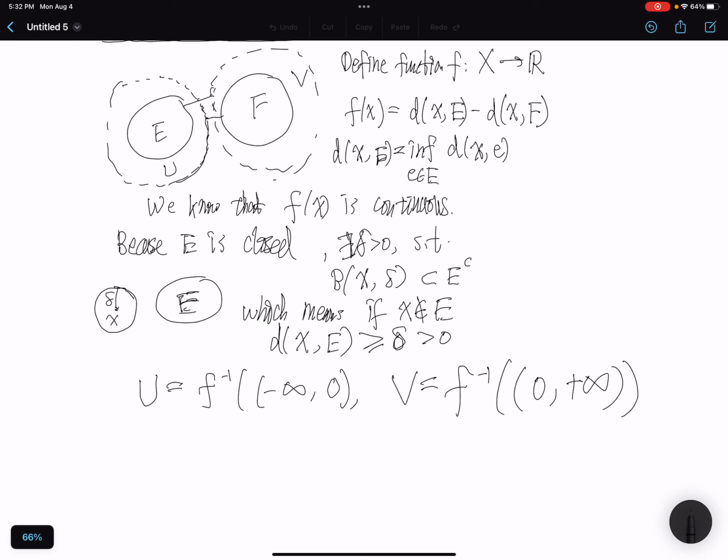We know that these two open intervals, minus infinity to 0 and 0 to infinity, are disjoint. So U and V are disjoint.